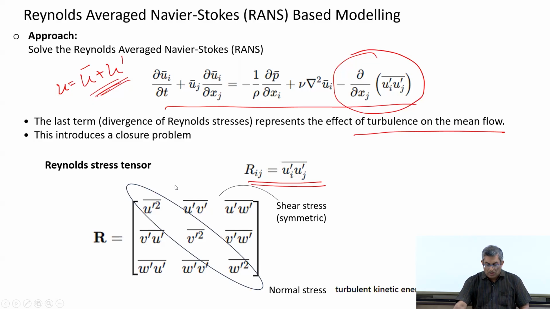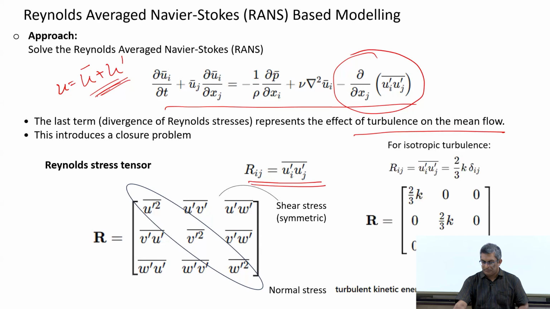Now, how would this stress tensor be modified if we have isotropic turbulence? We know that for isotropic turbulence, the velocity fluctuations in the 3 directions are statistically equivalent. So now we can represent the diagonal terms in terms of turbulent kinetic energy.